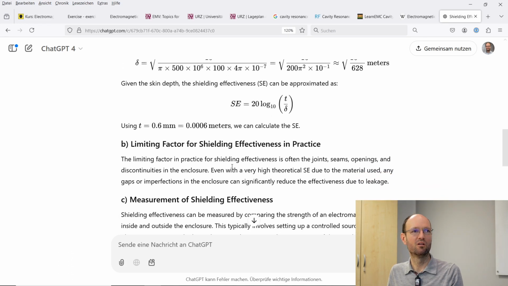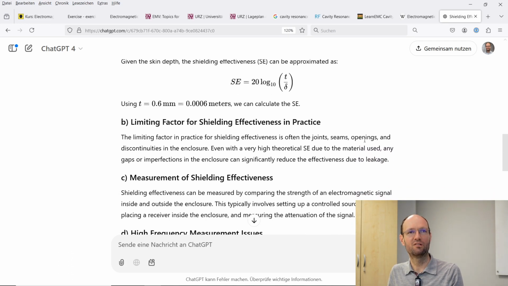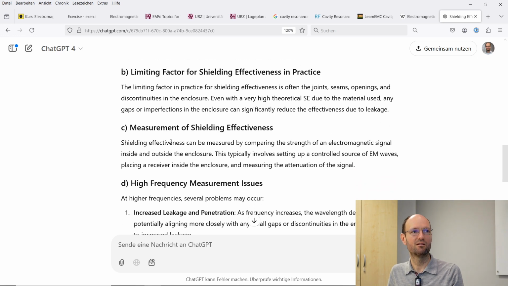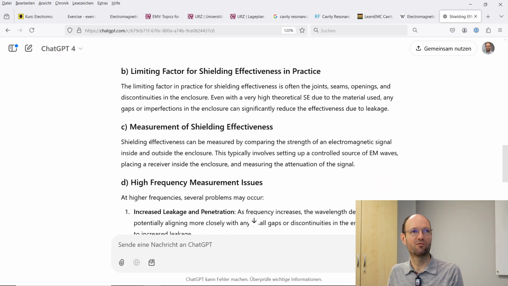Okay, so limiting factors: joint seams, openings, discontinuities, gaps, imperfections. Okay, this is what we discussed. And for the measurement, it proposes comparing the strength of some electromagnetic signal inside and outside the enclosure, or with and without the enclosure. We need to have a controlled source of electromagnetic waves, and we need to place a receiver inside the enclosure measuring the attenuation of the signal.